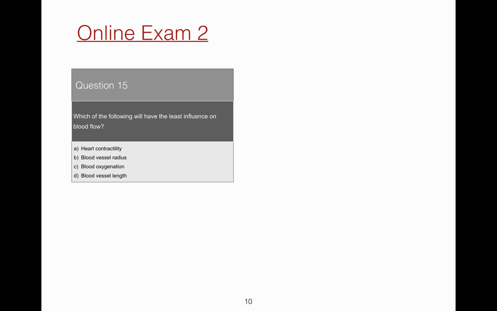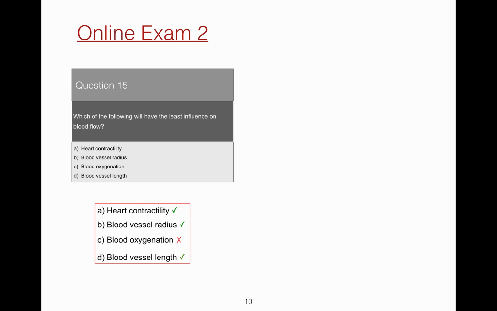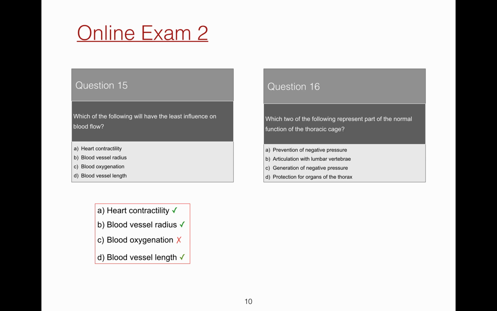Question 15. Which of the following will have the least influence on blood flow? Oxygenation does not influence blood flow. Question 16. Which two of the following represent part of the normal function of the thoracic cage?